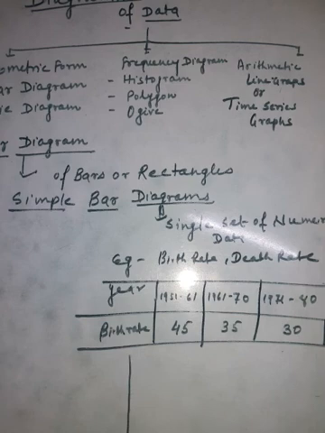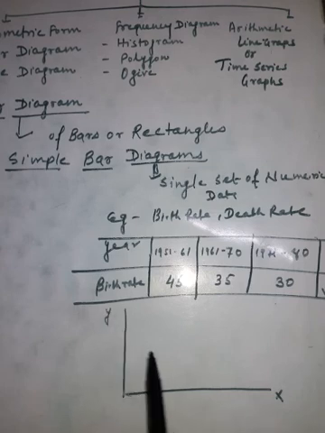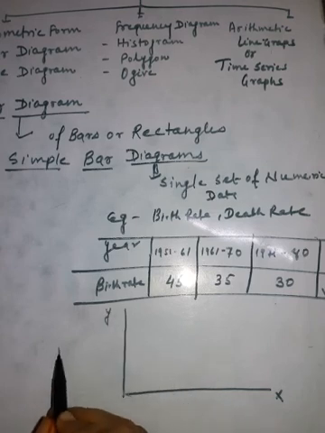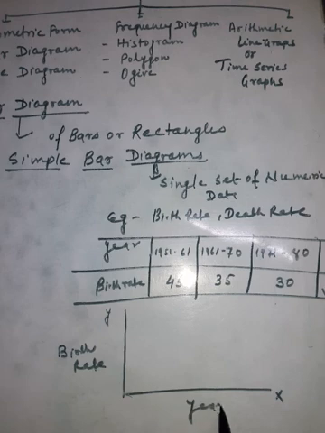What we'll do, we will draw a line on x-axis and y-axis. The horizontal line will be x-axis and the vertical line will be y-axis, and here I will write y-axis represents birth rate, and x-axis represents year. Suppose here 1951 to 60, then 61 to 70, then 1971 to 80.